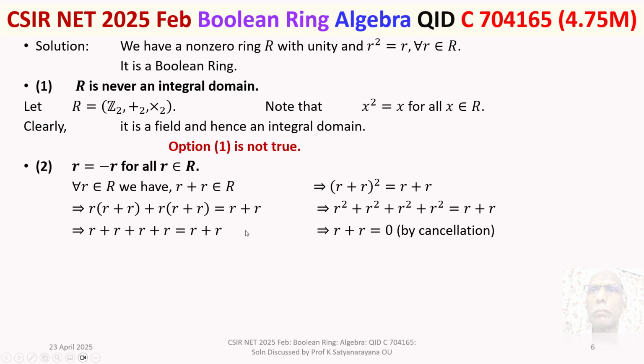By cancellation, we'll get r plus r is equal to 0 for all r belongs to R. This implies r is equal to the additive inverse of r, that is minus r, for all r belongs to R. Thus, option 2 is true. We continue in the next slide.